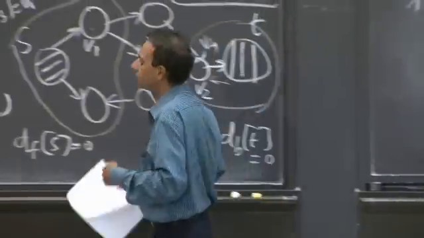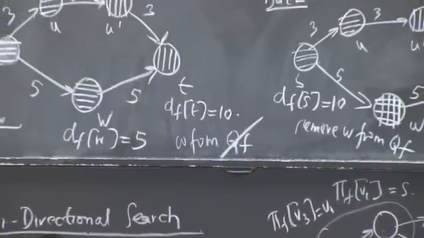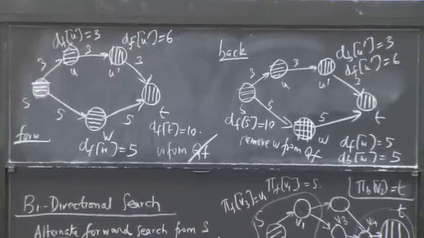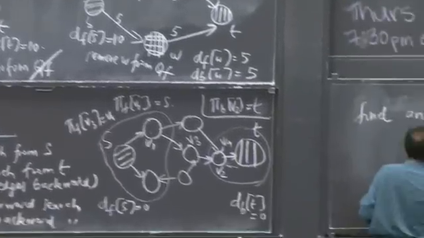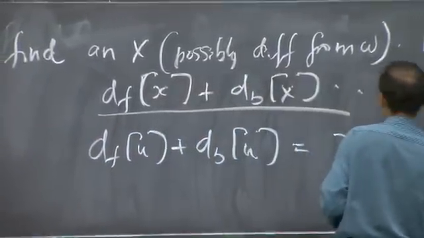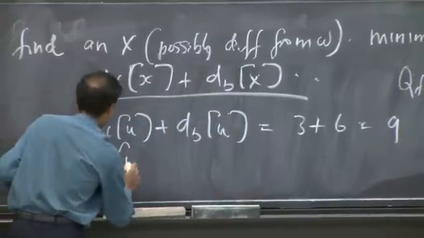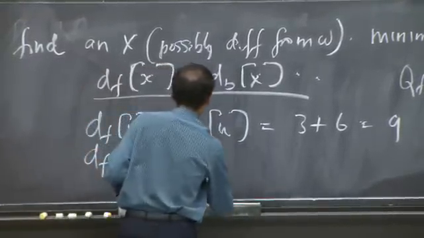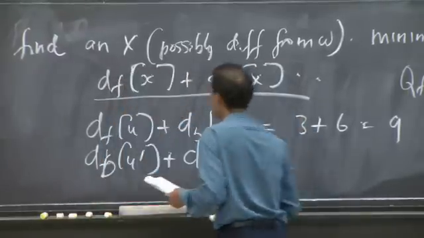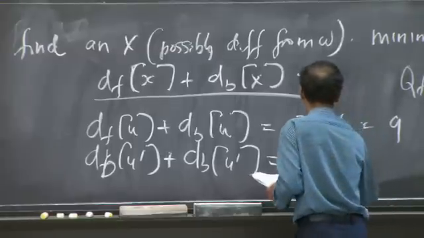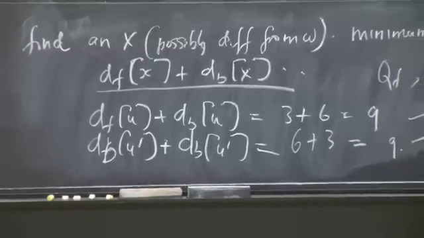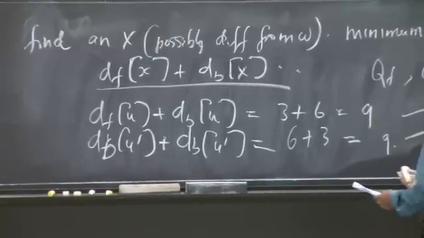So in this example, w costs determination, but now we need to scan, and there's only two other vertices that are interesting here, which are u and u prime, and either of those will fit the bill, because df of u plus db of u equals 3 plus 6 equals 9, and df of u prime plus db of u prime would be 6 plus 3 equals 9, right? So both of these are less than 10, and so we had to pick one of these as our x.